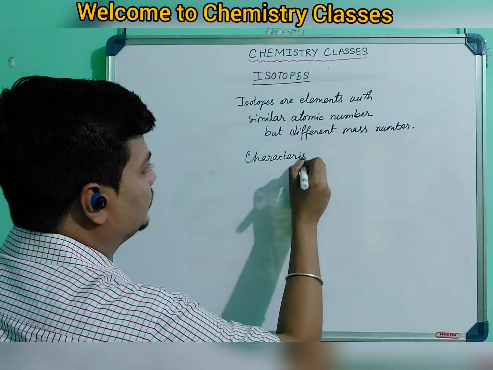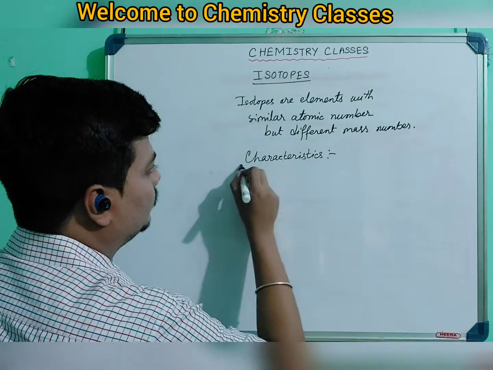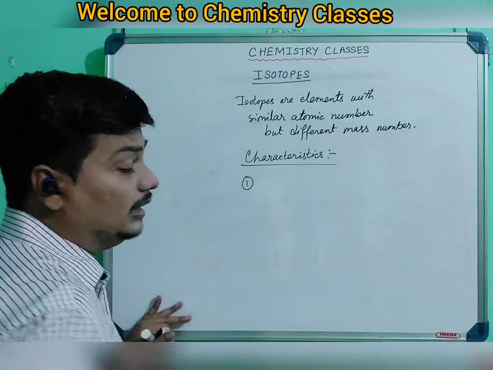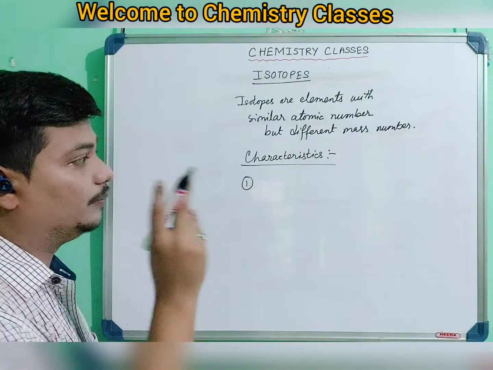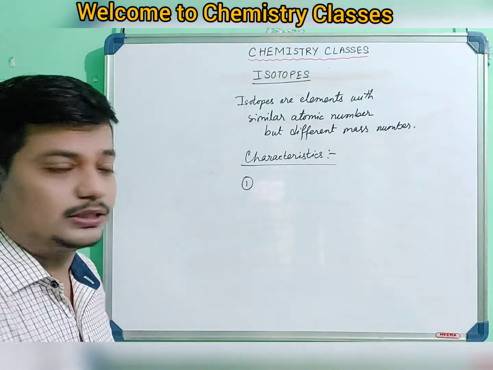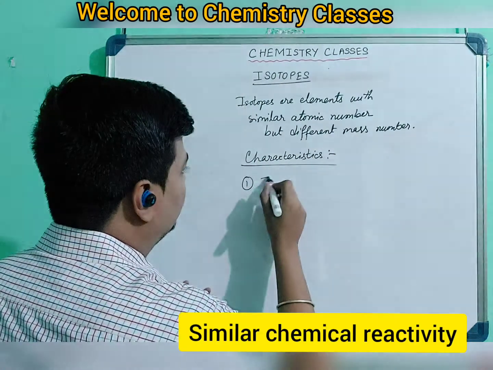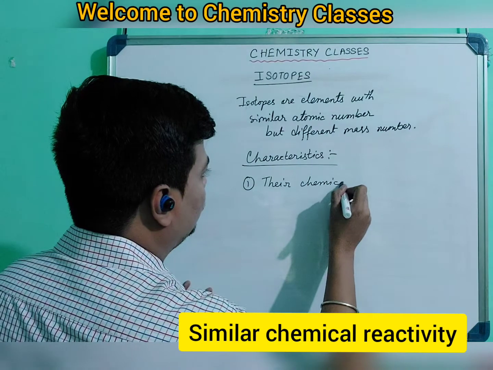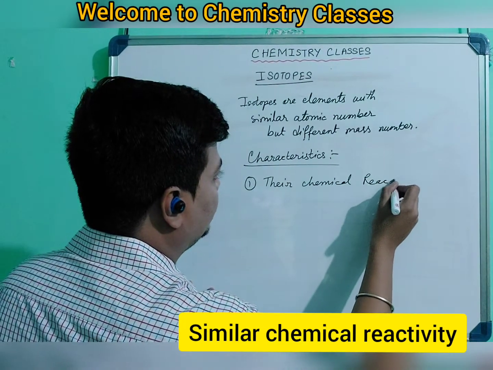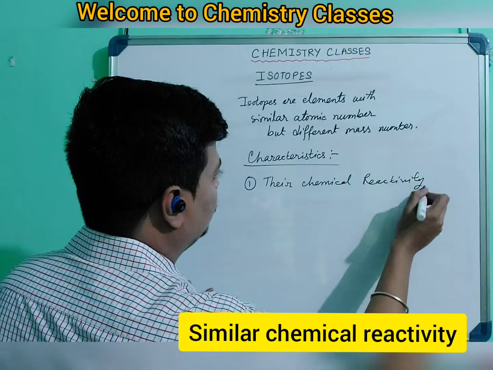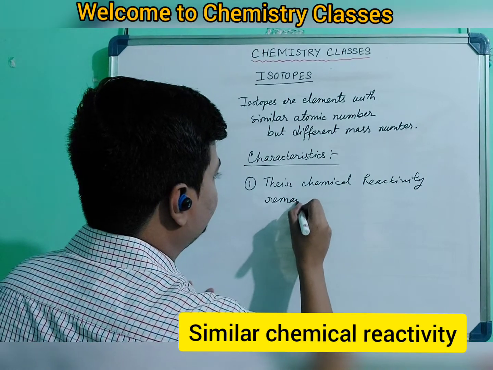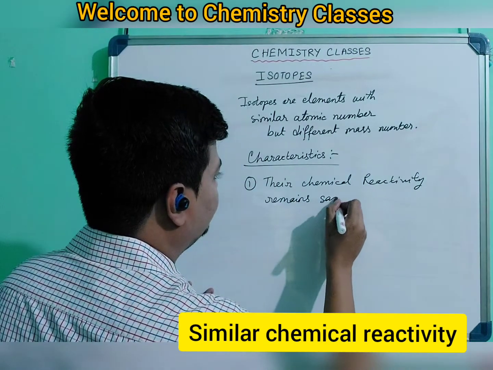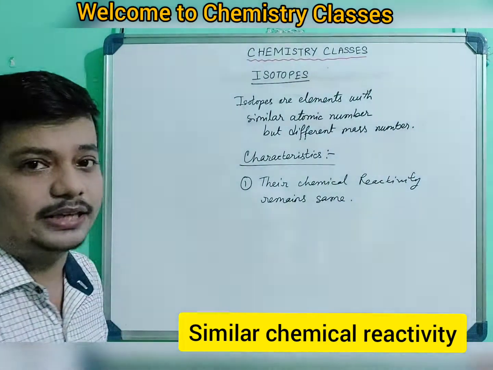Number 1: since the atomic number is the same, the number of electrons and protons are the same, hence their chemical reactivity remains the same. There is no difference in the chemical reactivity.